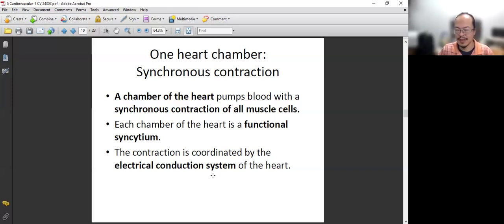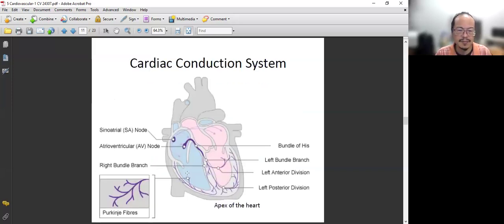All right, so let's take a look at this electrical conduction system. That is this one here. You have the pacemaker SA node to generate repeated impulses. When you generate an action potential, it will spread to both left and right atrium. So both left and right get excited and contract together. It will squeeze the blood into the left and right ventricle.